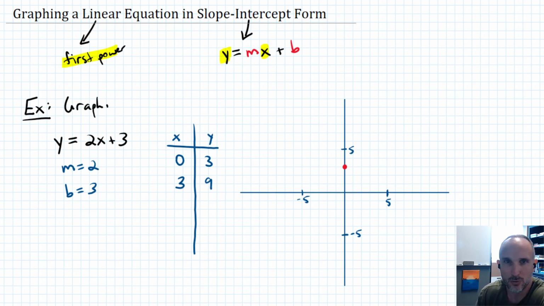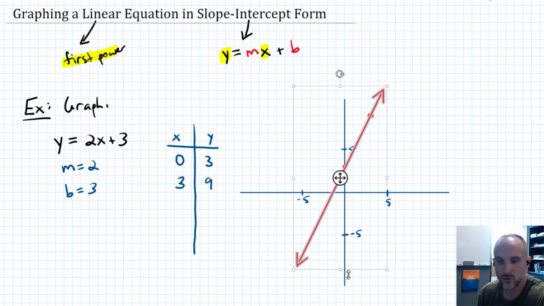So the ordered pair is 3, 9. X is 1, 2, 3. Y is 1, 2, 3, 4, 5, 6, 7, 8, 9. And now I've got enough points to draw the line. I know it's a line because it's a linear equation. And so our graph looks something like this.